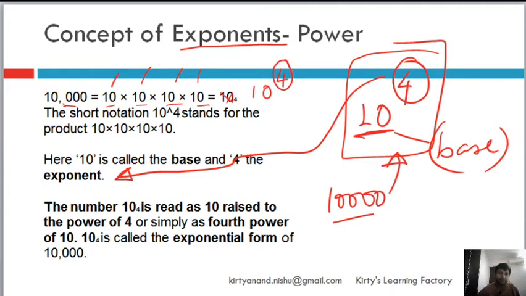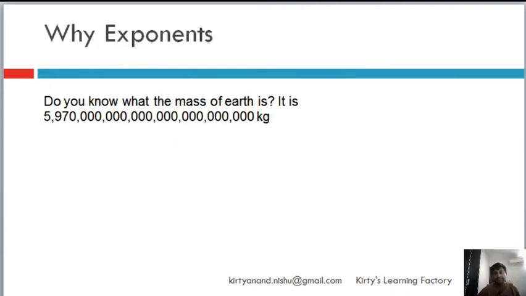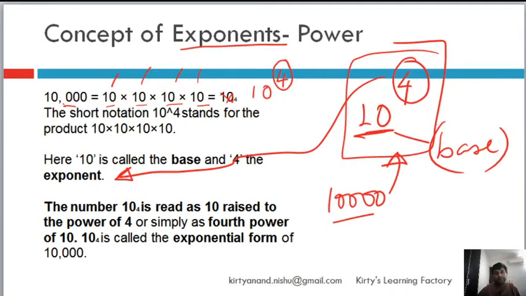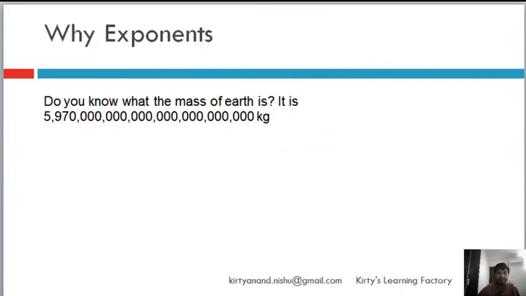Now you might say that if we have a number already, what is the point of introducing a concept like exponents? We understood what exponents are, but why exponents? For example, I've just taken this statement, and this says that this number is the mass of Earth.